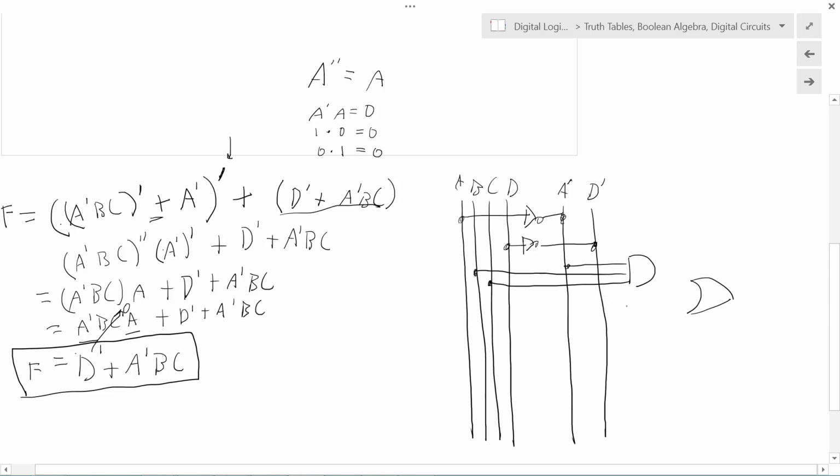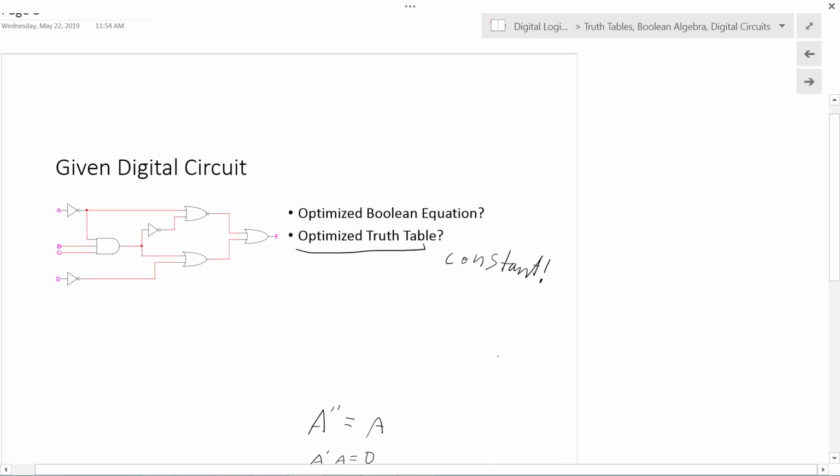So D prime ORed with A prime and B and C. And this gives us our final output F. So we have significant simplification. We go from 2 inverters, an AND gate, and an OR gate when we start with this complicated circuit here.